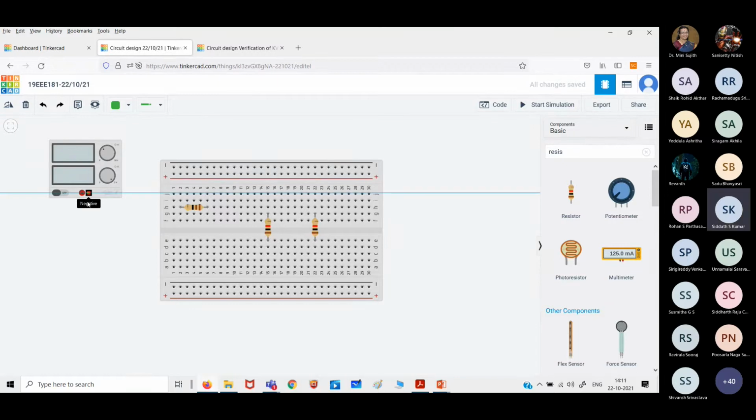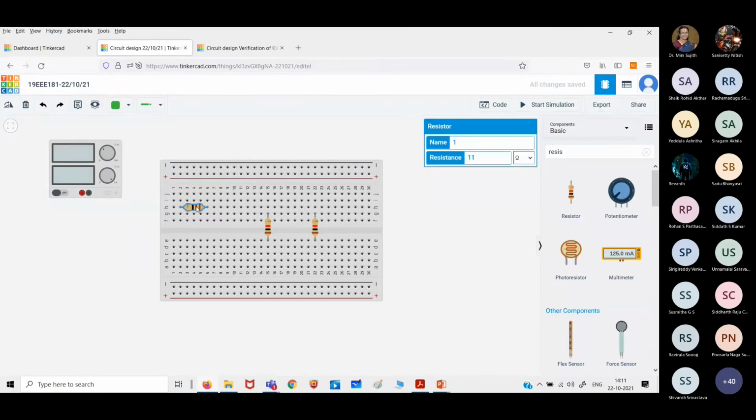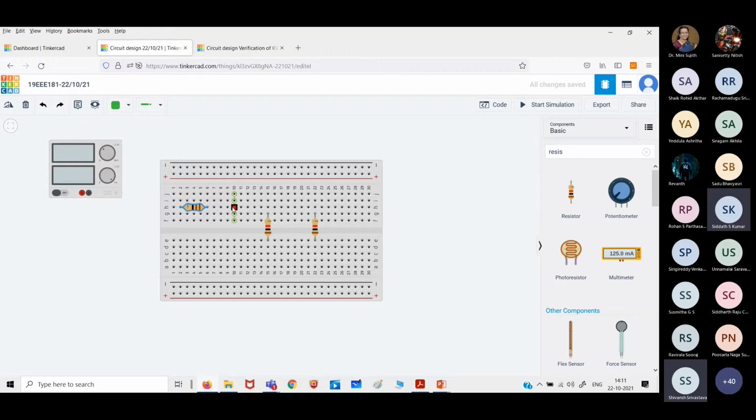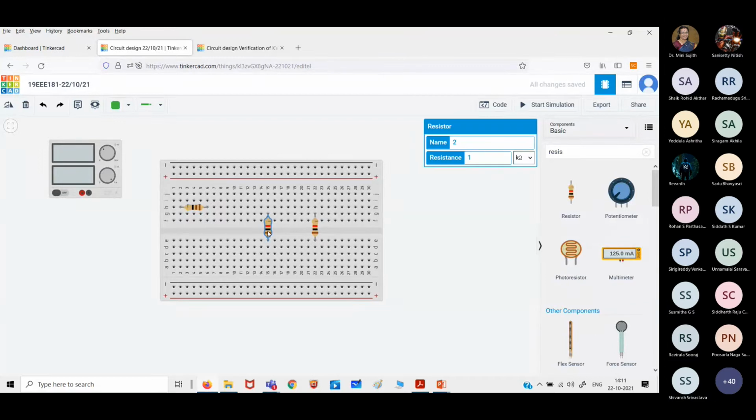How did you rotate, ma'am? Press R, select it and press R. See here, select the resistor, keep pressing R. Did you get it? Yes, ma'am. Yeah, we will come to that. See, rotating the resistor means you need to give the correct connection.